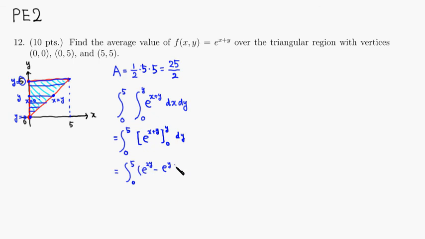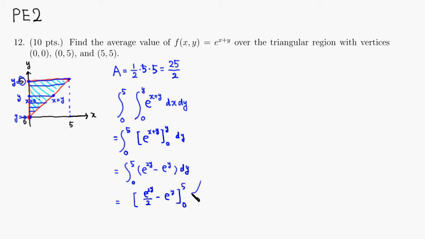Then the antiderivative with respect to y. If you take the antiderivative of e to the 2y, you're going to get e to the 2y over 2, minus e to the y. Then you're going from 0 to 5. Those are y values.